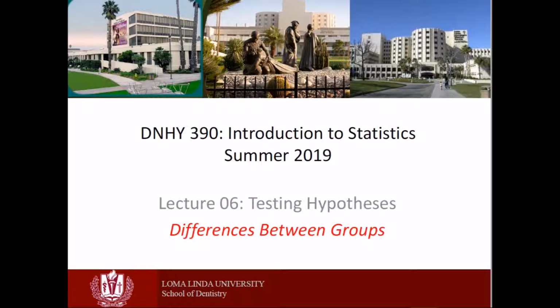Not all of them are equal. So all of them are equal, and the alternative is that at least one pair is not equal. Yes, at least one pair, because we only need one of these group comparisons to be different to reject this idea. So not all of them are equal.